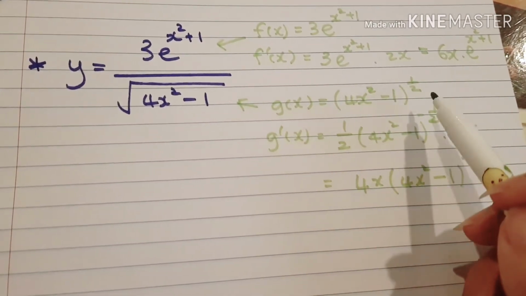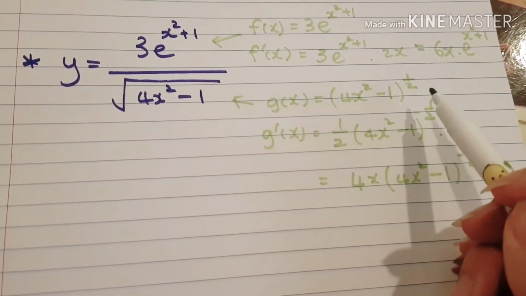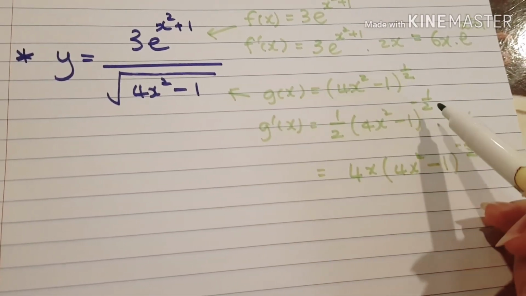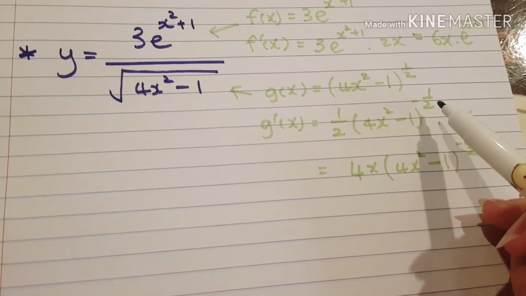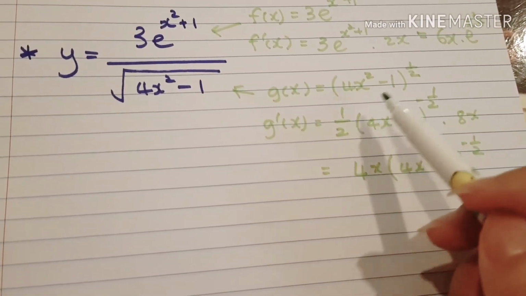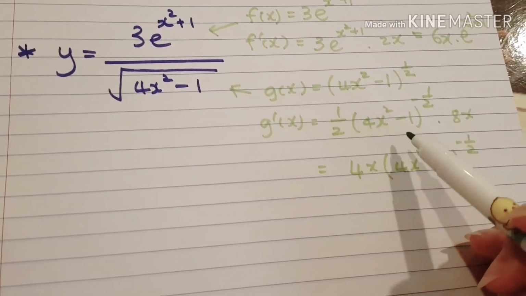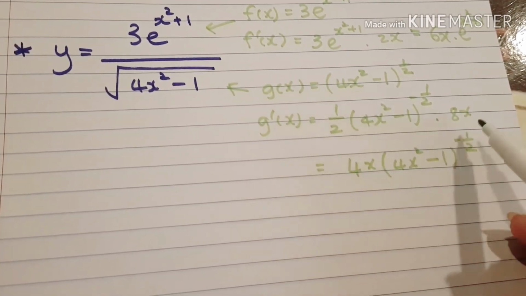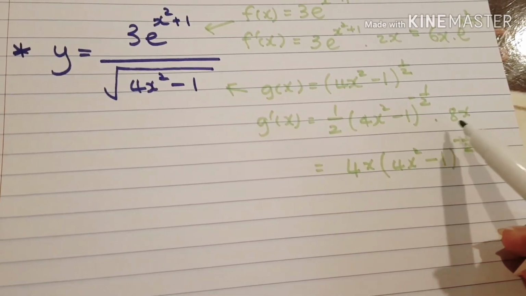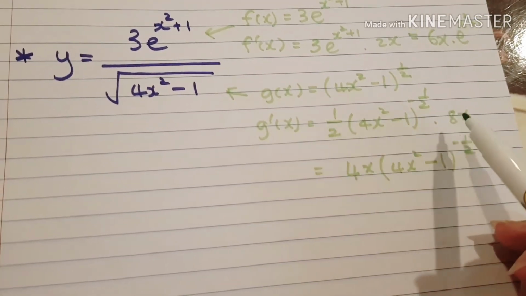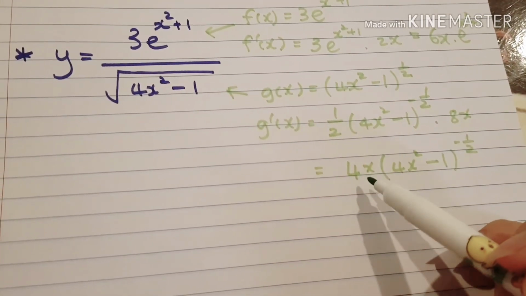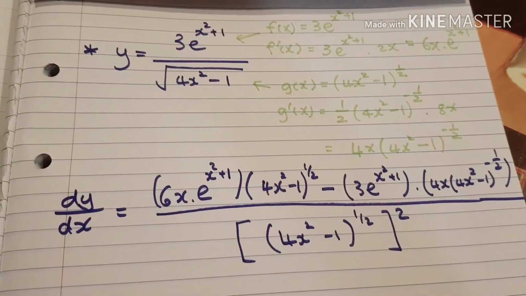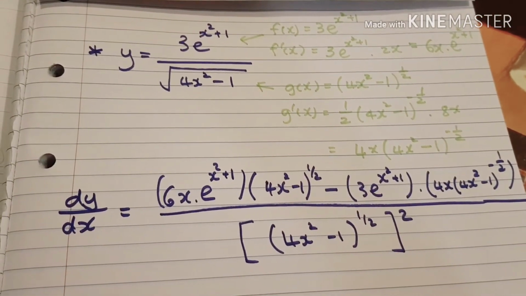This is now chain rule if I want to differentiate it, because I have to put the power down and minus 1 from the power, which will be negative a half. But then I need to differentiate what's inside the bracket and multiply it out. So if I differentiate it, it's going to be 8x. Here's my 8x multiplied to it. So 2 and 8, it's going to be 4x and the rest. I hope you got the same answer as me.